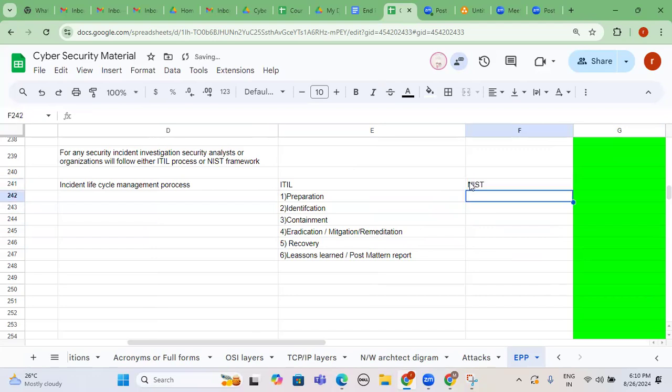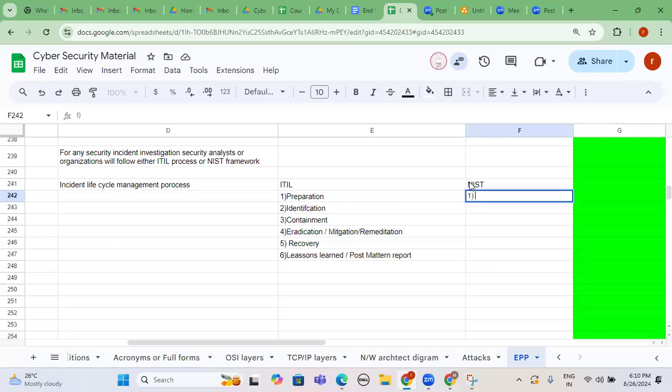Next one is the NIST framework. NIST also defined the incident lifecycle management process or incident response: whenever any security incident is received, how we can take care of the forensic analysis or incident response. As per NIST, it's a 5-phase approach.